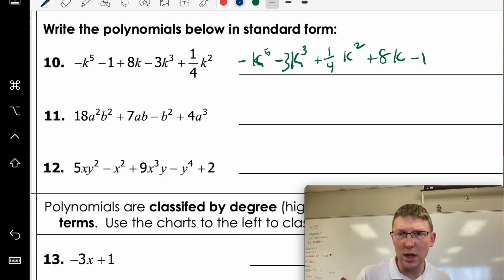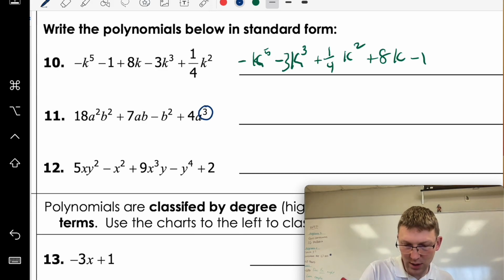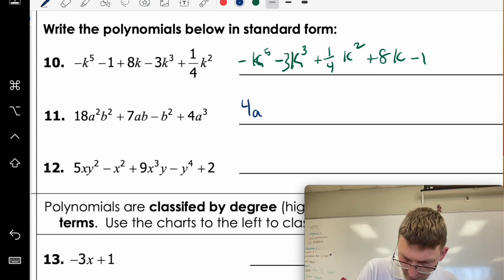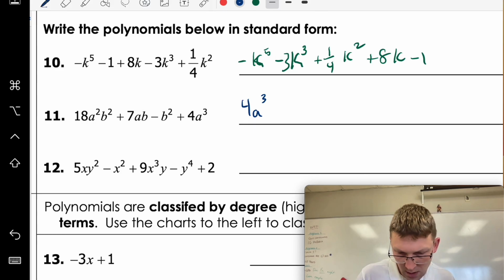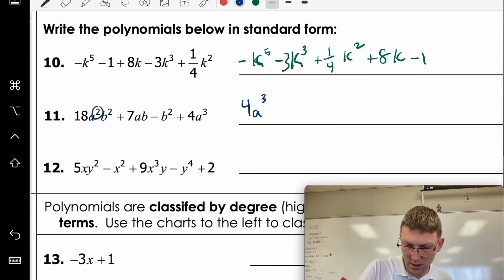Let's see. As we look at 11, okay, let's say we had a b cubed. We could kind of debate whether to put the b's first or the a's first. Typically, if all things are equal, then we'll just go in alphabetical order. But either way, we've got a 3 here, which is our biggest exponent. So we're going to put 4a cubed. And then we've got a squared.